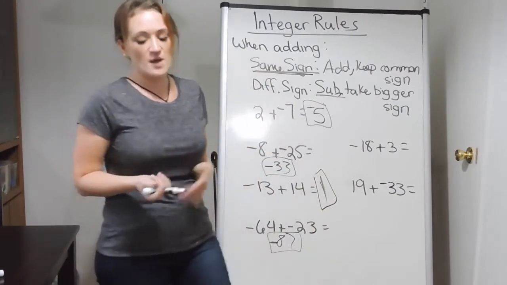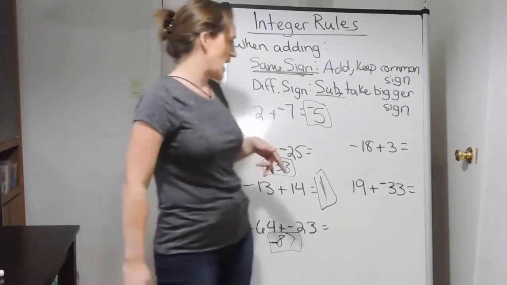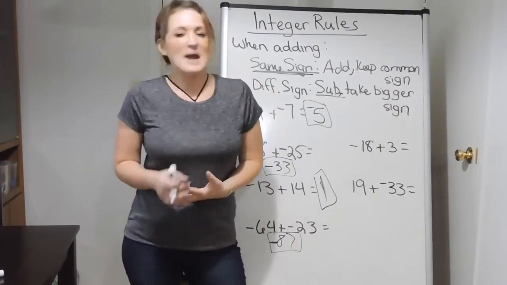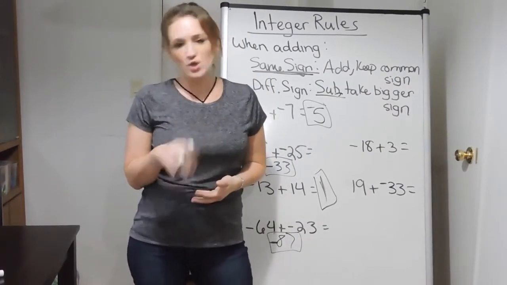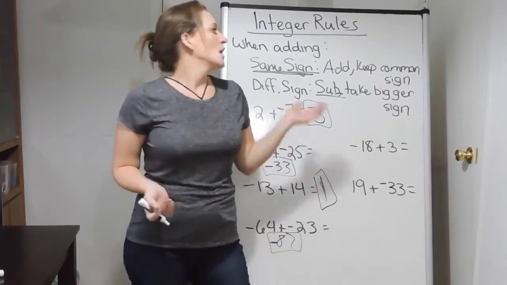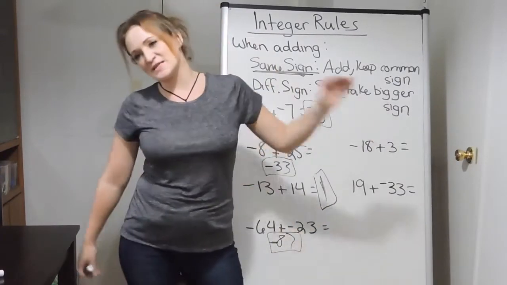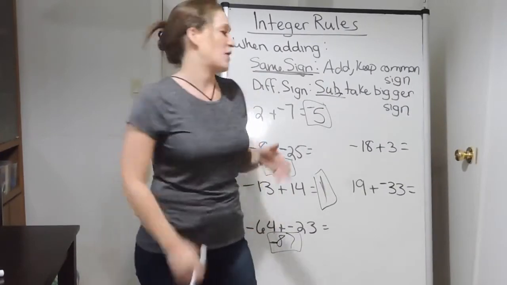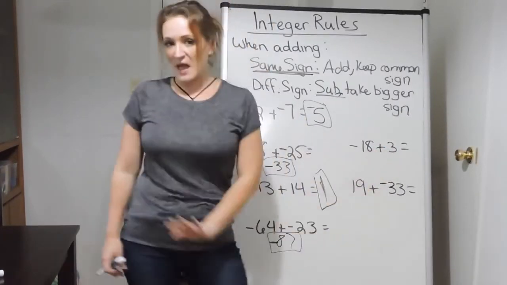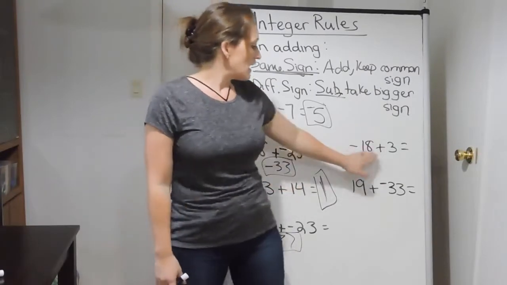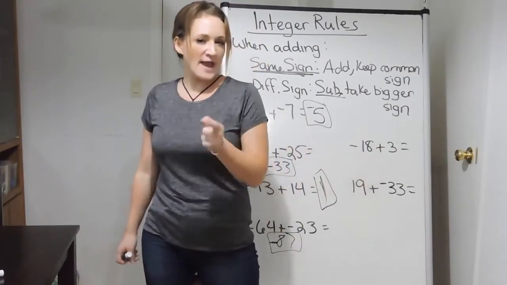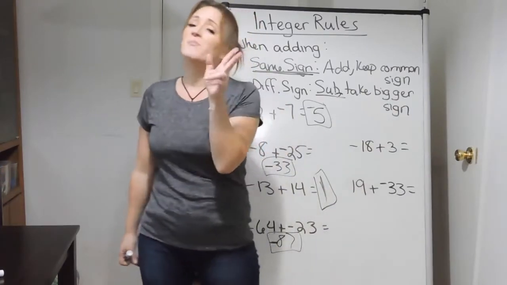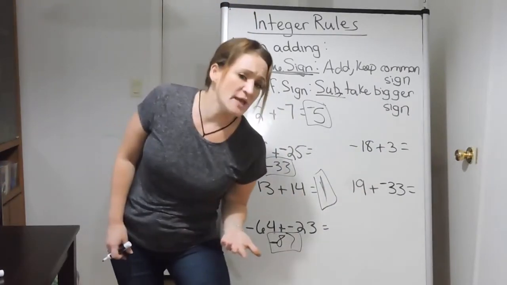so this one is positive. Alright, so a different little twist on how to do this, I always say think about money, right? We're all familiar with spending money, using money. We know about buying things, subtracting things, and all that kind of stuff that comes with dealing with a bank account. So think about that when you're dealing with this. If you had negative $18 in your bank account and you added $3 to it, where would you be?